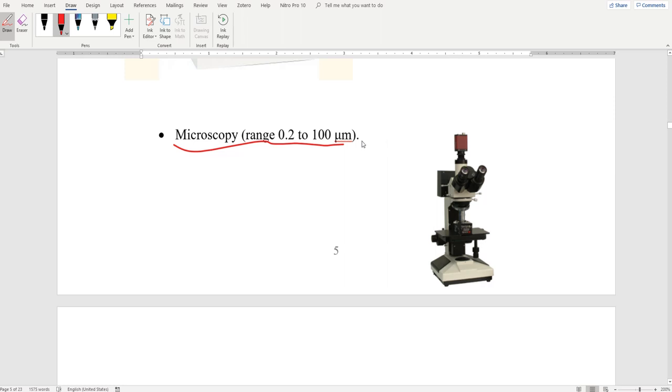It doesn't mean that you cannot see particles larger than 100. Now, with a normal optical microscope, it will be difficult to size particles with a size less than 0.2 micrometers. But more than 100 you can still size them, though we don't usually use the microscope for this purpose.